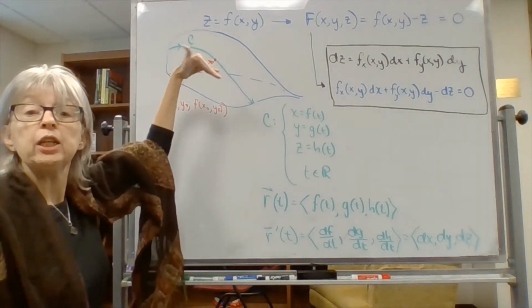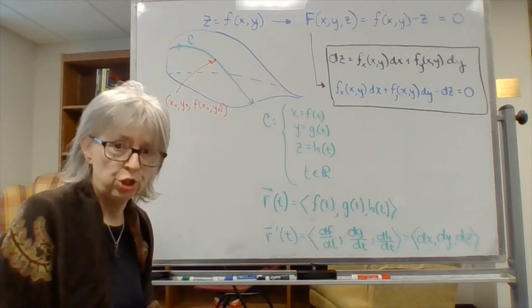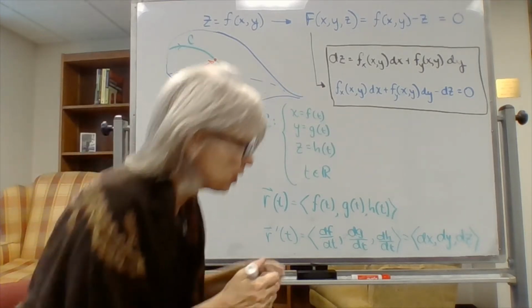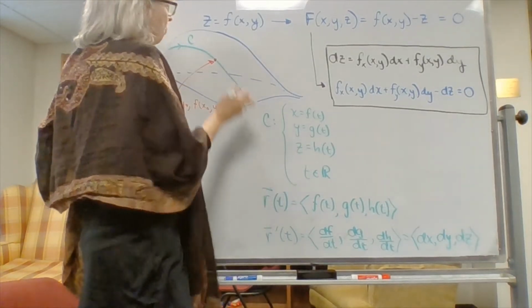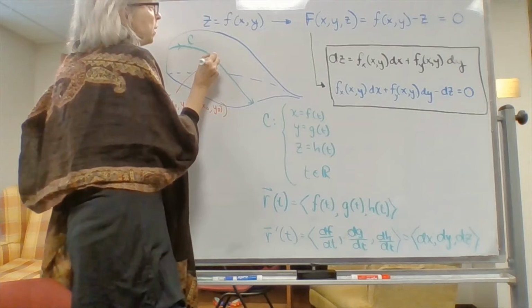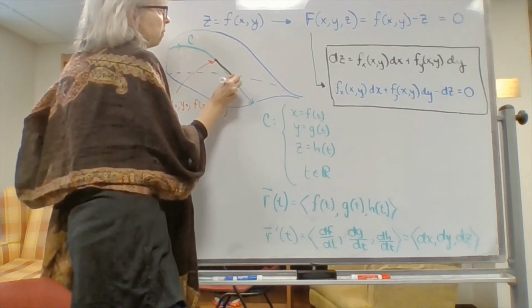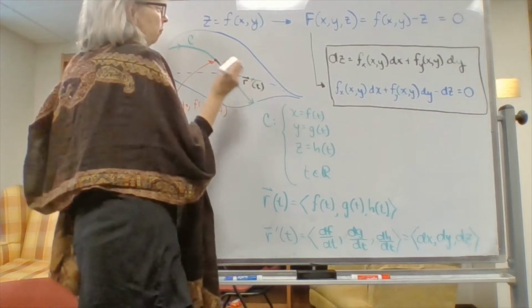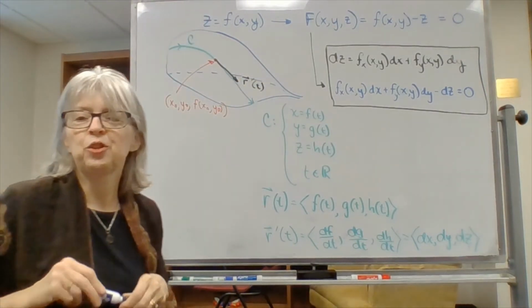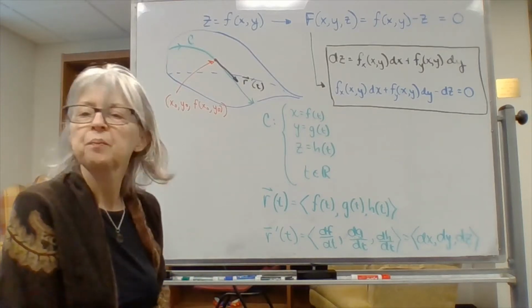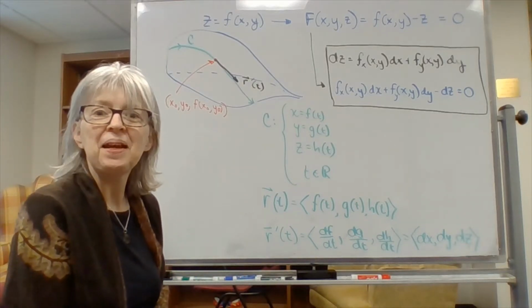Now, it's going to be really hard for me to draw the illusion of a tangent vector to a curve, but I'm going to attempt to do so. So r prime, wherever it is pointing, is going to be tangent to that curve. I told you it wasn't going to look good. All right, hold that thought.